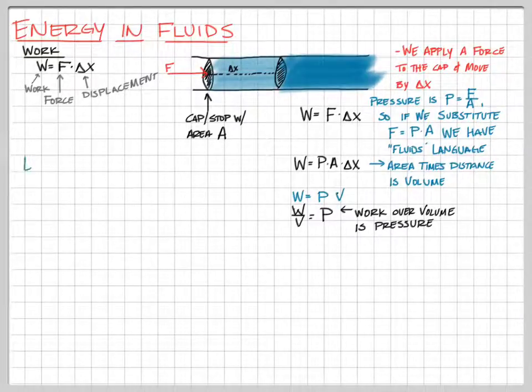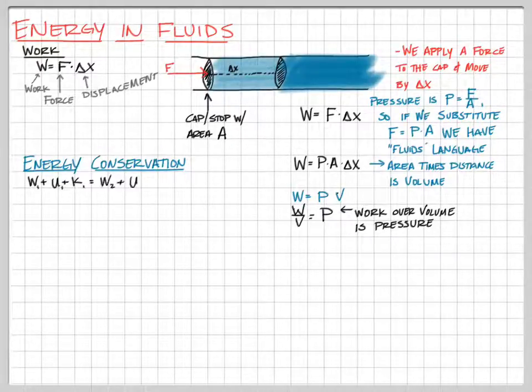That's good to remember. Now, if we remember our conservation of energy, at any 2 points, the total energy on one side is equal to the total energy on the other. And the way we can look at total energy at any given point, it's going to be the work that's been done on the system at that point, the potential energy U at that point, the kinetic energy U at that point.